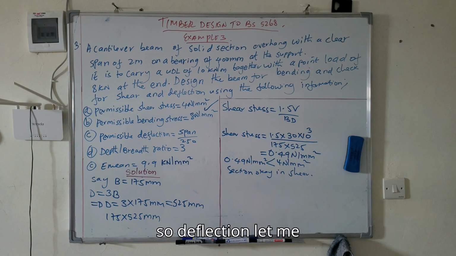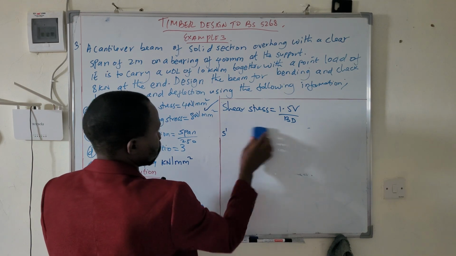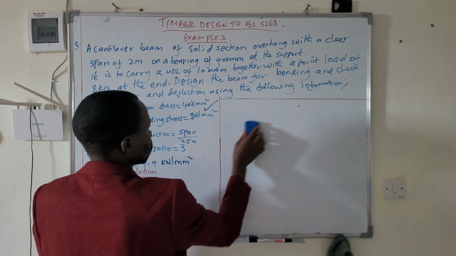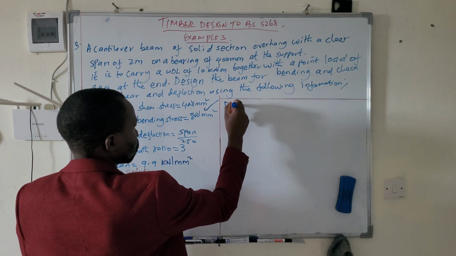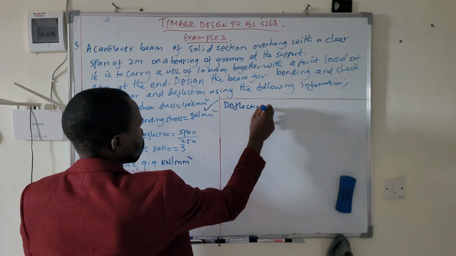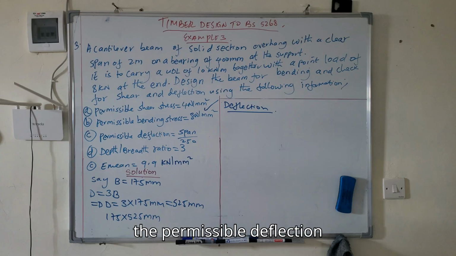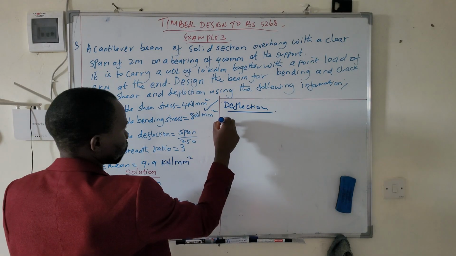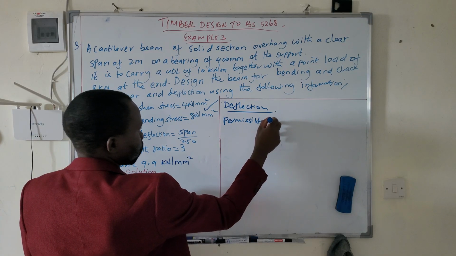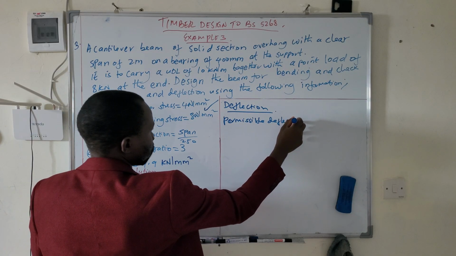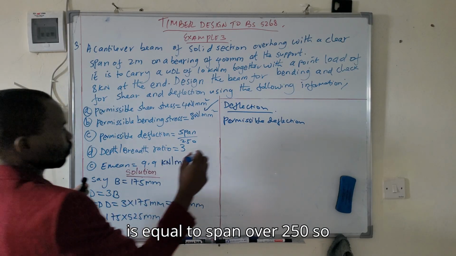So deflection, let me create space for deflection. So under deflection, we have the permissible deflection. Permissible deflection, we have been told, is equal to span over 250.